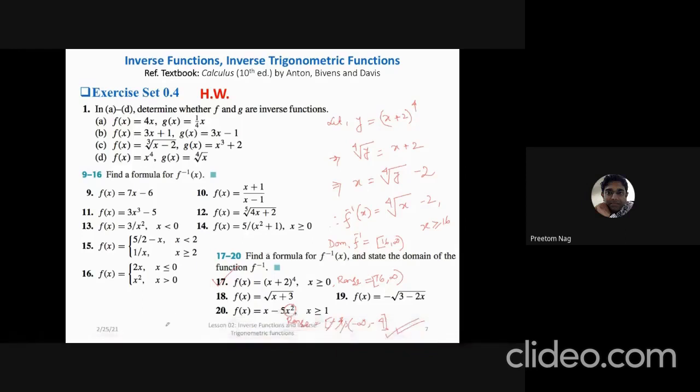Okay? So if we find the inverse function, y = x - 5x², find the formula for f inverse. In this case, how can you do this? We have to take the square root, right? So 5x² minus x equals minus y.